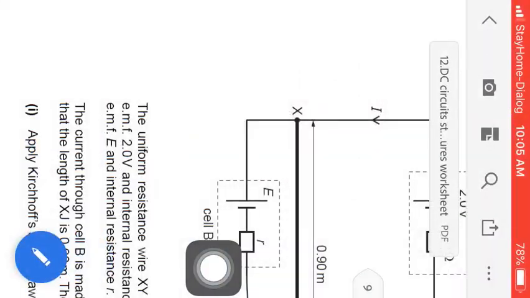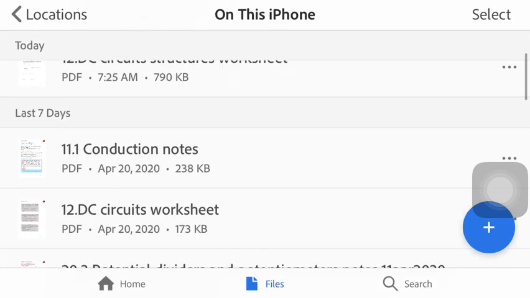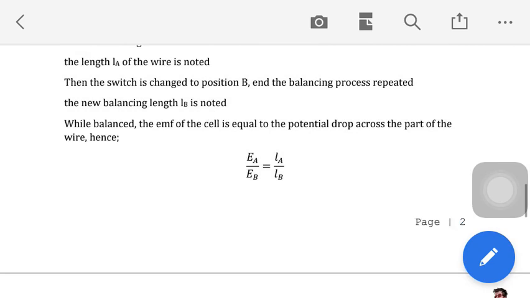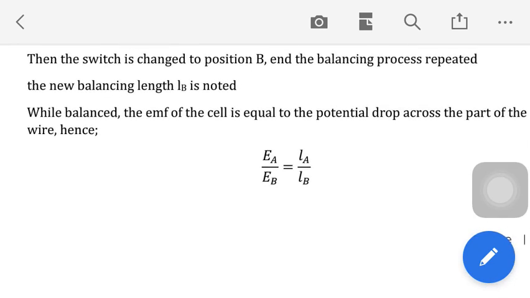Well, at the balance condition we have learned the EMF of the battery would be equal to the potential drop across the part that is balancing it. So in case you have forgotten it, here it is, page 2 bottom. When balanced, the EMF of the cell is equal to the potential drop across the part of the wire. Okay, so 1.03 volts is the potential across the part of the wire, that would be equal to the EMF. So the answer is 1.03 volts.